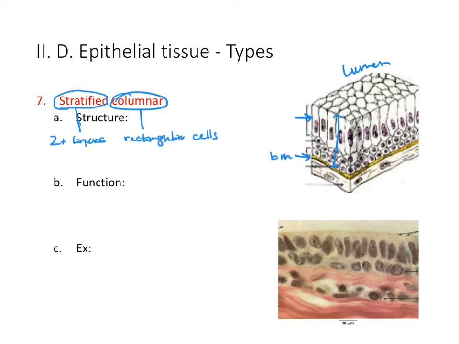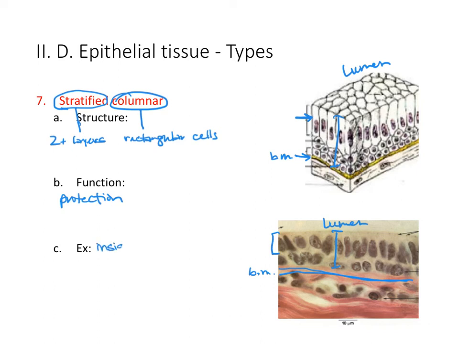I'm going to look at the microscopic picture next. The basement membrane is probably this area right here. Here would be the lumen. This one looks like it only has 2 cell layers thick, but again, the top cells are taller than they are wide. The main function of our stratified columnar is going to be protection, but we're not going to have a whole bunch of this stuff either.